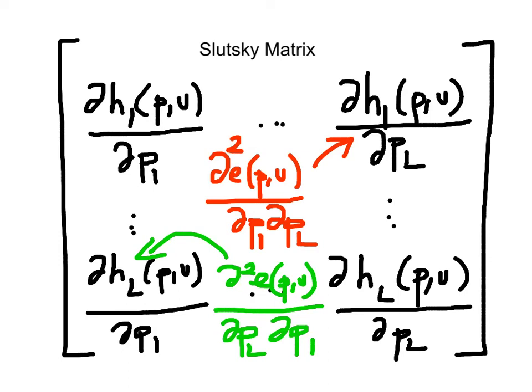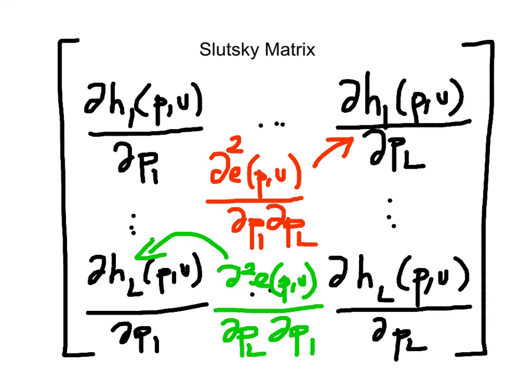Now, the symmetry result is really the continuous statement of, in a context where we already assume the existence of a utility function, right? So we already assume transitivity of the consumer's preferences.